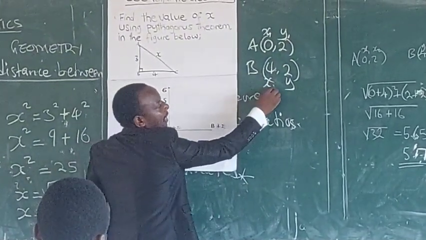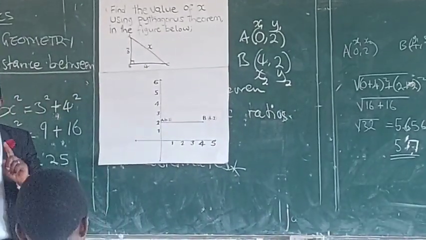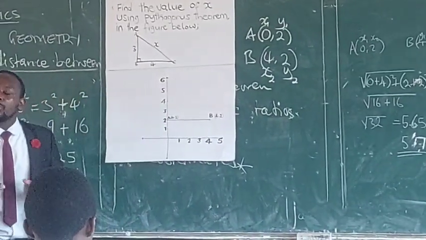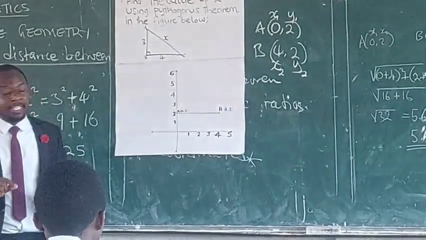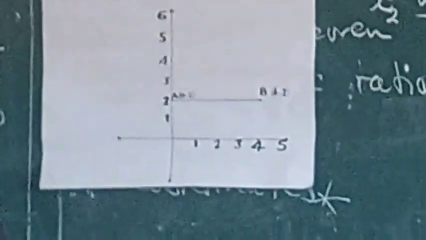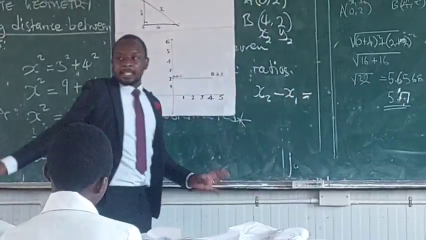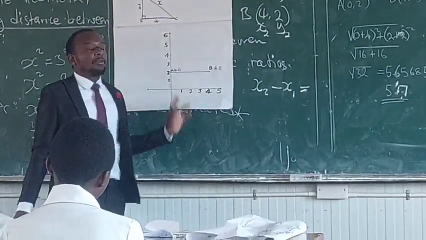Similarly here, these are 2 and 2 as well. So for us to get the distance, we take the coordinates from x and subtract: x2 minus x1. The answer we get is the distance of AB.